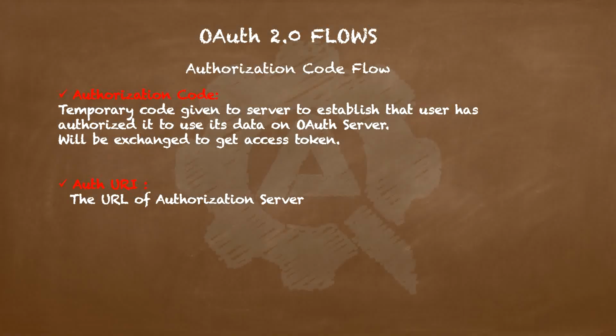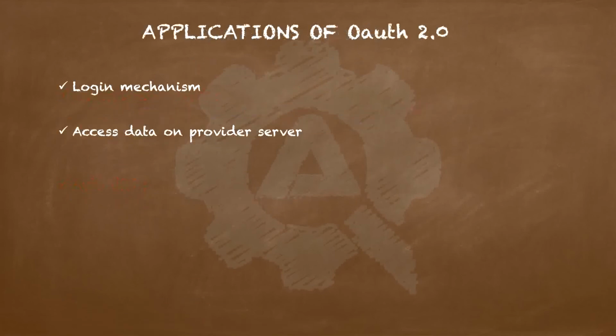Now that we have seen the OAuth flows, let us look at the applications of OAuth 2.0. As you must have already guessed, there are basically two major applications of OAuth 2.0. First is just as a login mechanism. So say you have built a website and you decide to provide the feature for users to log in to your server to access it.